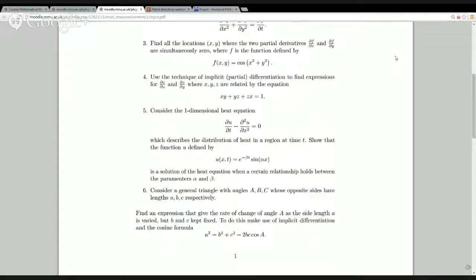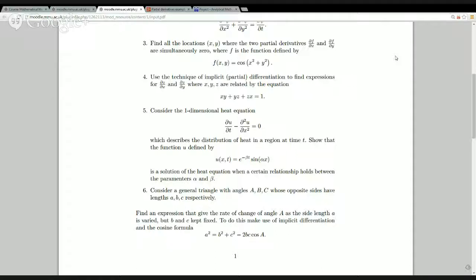Okay, so let's have a go at question 4, say, this implicit differentiation question. So the idea for this one is to consider z as a function of x and y.